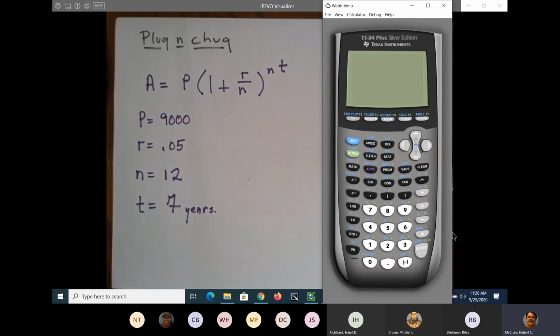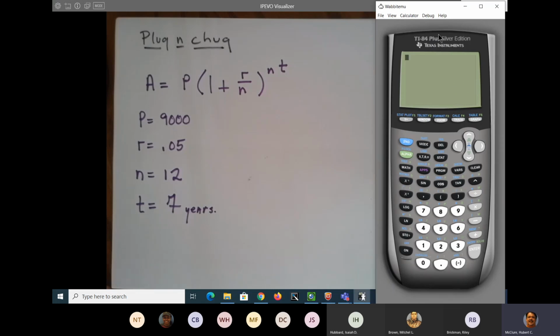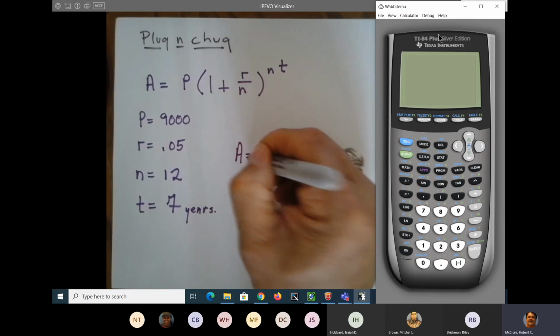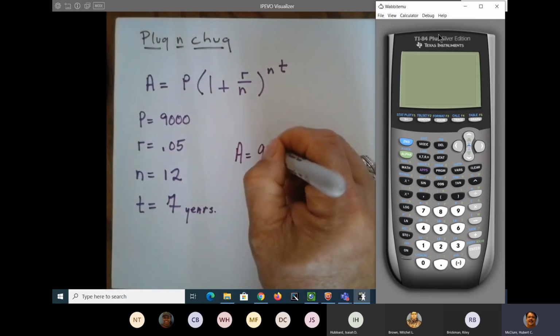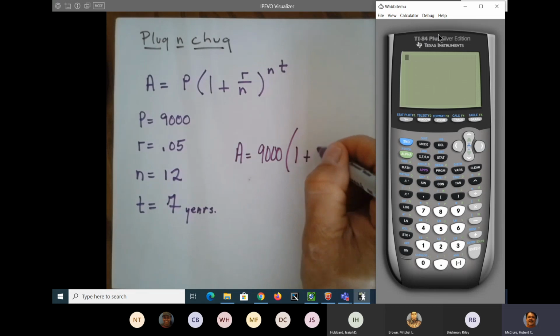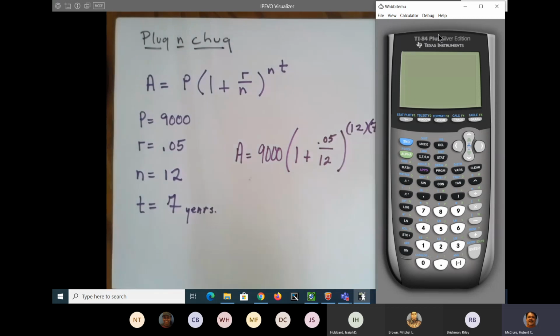Well, I'm going to write it the way that you're going to type it in, okay? So A is equal to 9,000 times 1 plus 0.05 divided by 12 raised to the 12 times 7 power. That's what I'm going to type in the calculator.